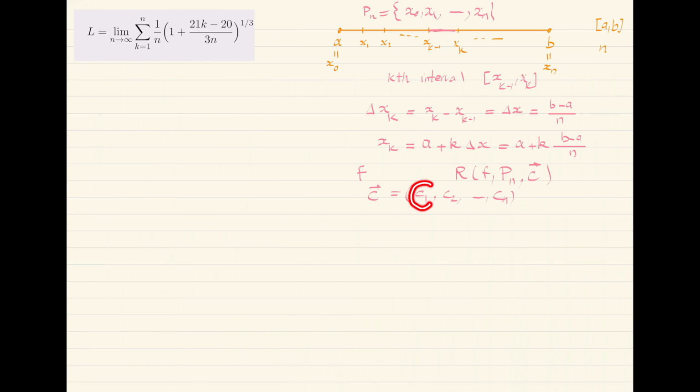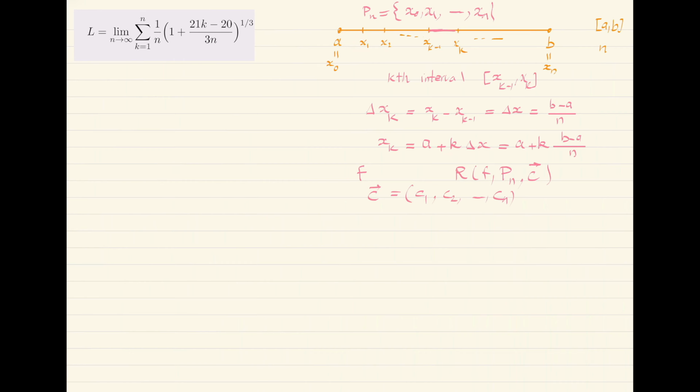For example, c1 is any number within the first interval. Minimally, it can be a, maximally, it can be x1, or if you prefer, you can choose any number within this interval. So what is c2? c2 is minimally x1, maximally x2, or if you prefer, some number in between. Okay?